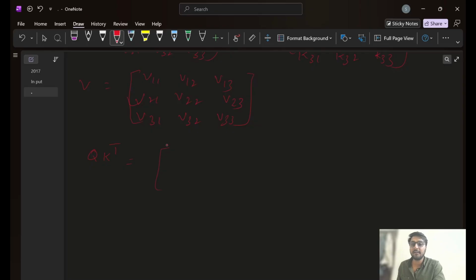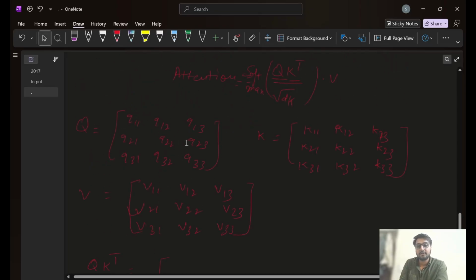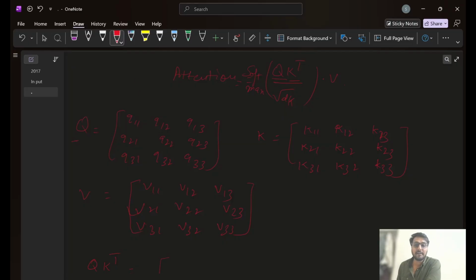What it means: we all know about matrix multiplication. We take the query matrix and multiply it with K transpose. K transpose will be k11, k12, k13, k21, k22, k23, k31, k32, k33.